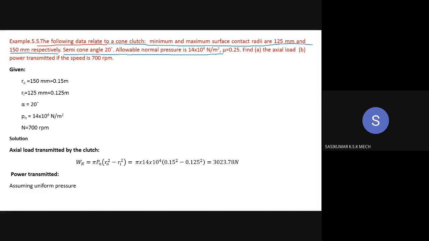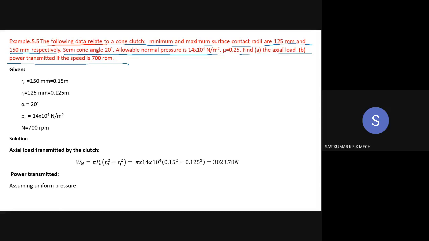Allowable normal pressure is 14 into 10 power of 4 Newton per meter square, and friction coefficient is 0.25. Here you need to find the axial load and power transmitted if the speed is 700 rpm. So the engine is running at 700 rpm. At that condition, what is the axial load required to disengage the clutch, and what will be the power transmitted?